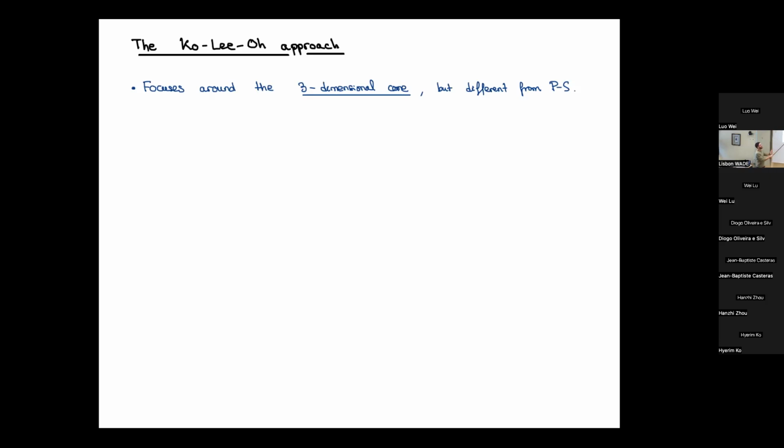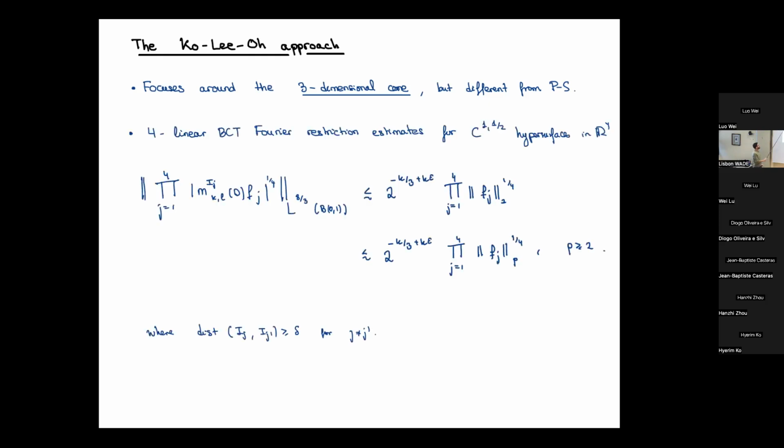But they do a different analysis from Pramanik-Seeger, where they were projecting. They do a real analysis of this in R4, and they do it directly with Fourier methods. They realize that these cones are not C2 hypersurfaces, but they are like C^{1,1/2}. They have mild irregularity, but they can still extend the Bennett-Carbery-Tao estimates to this setup.